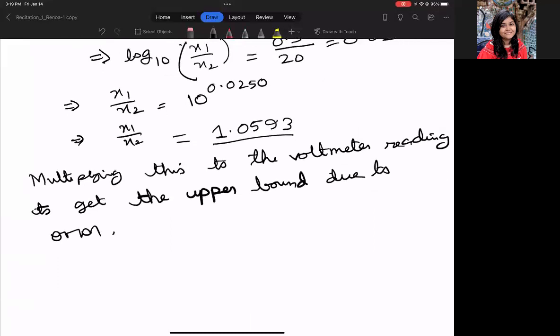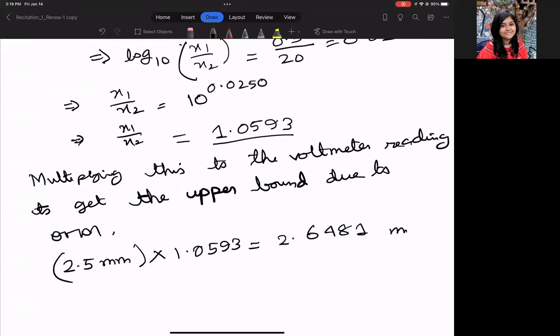So our reading was 2.5 millimeter, and we're just going to multiply it with 1.0593, and that will get 2.6481 millimeter.